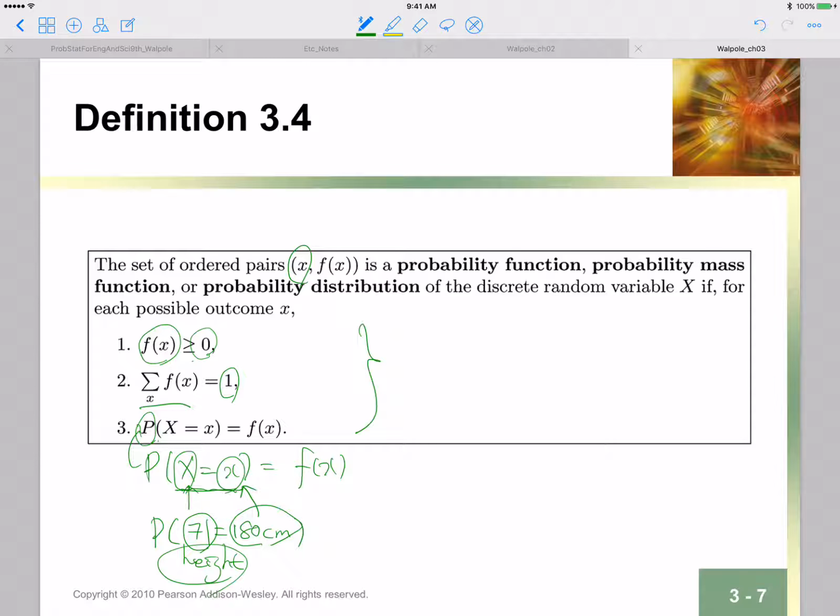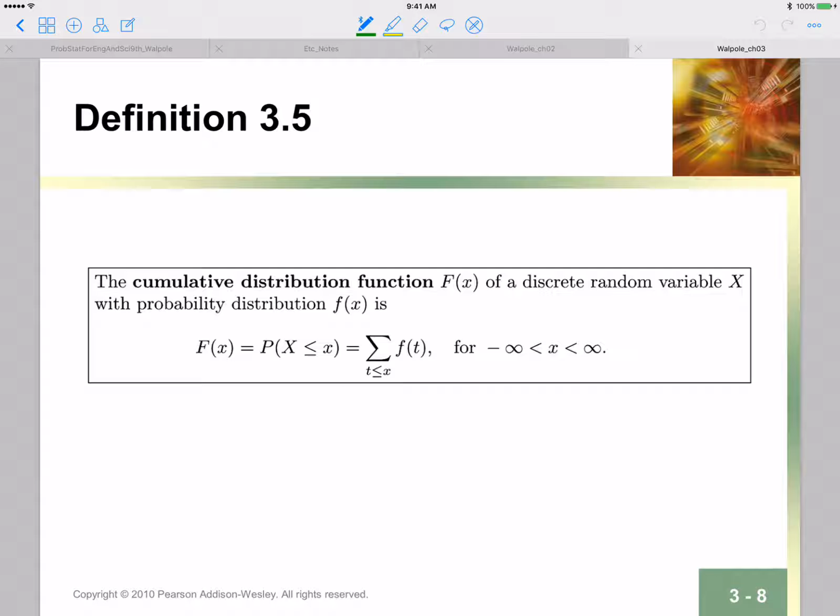Okay, so these three were the requirements for this probability function, and specifically that is called the probability mass function. And then we consider this a cumulative distribution function, where instead of just height being equal to 180 centimeter, we can consider all the probability of height being equal to or less than 180 centimeter.